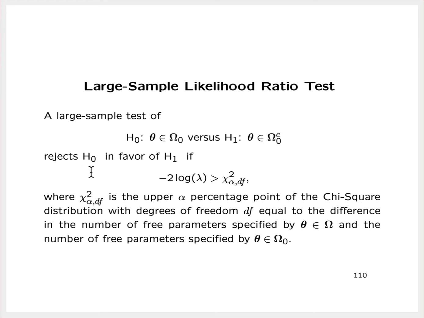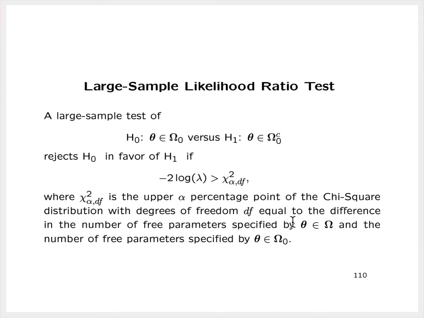We reject the null hypothesis in favor of the alternative if minus 2 times the natural log of lambda, where lambda is that likelihood ratio, is greater than the upper alpha percentage point of a chi-square distribution with a given number of degrees of freedom.